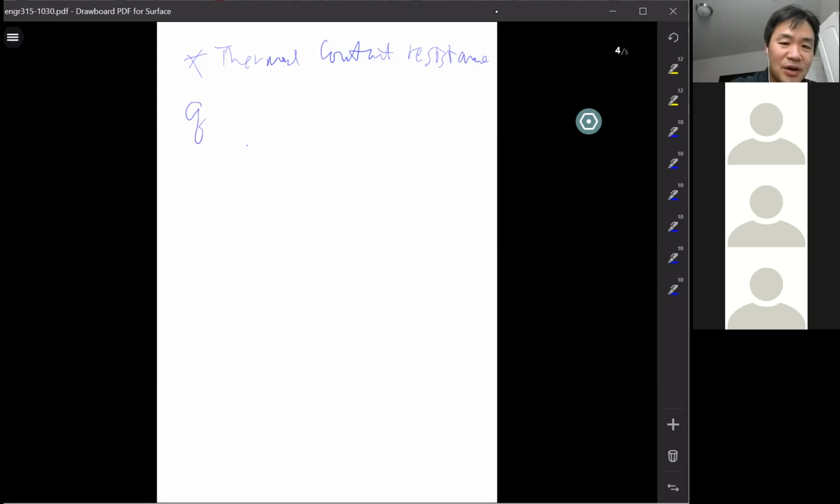Okay, so you can say, hey, I can say this using T1 and T3, right? It's the beginning and the end. So it will be kA. If you use kA, okay, so let's not use kA. Use the thermal resistance form. That will be easier to explain. I like the thermal resistance form.